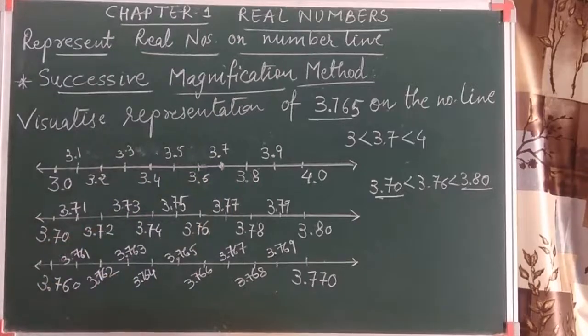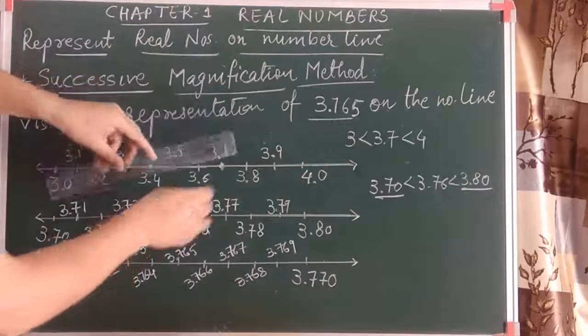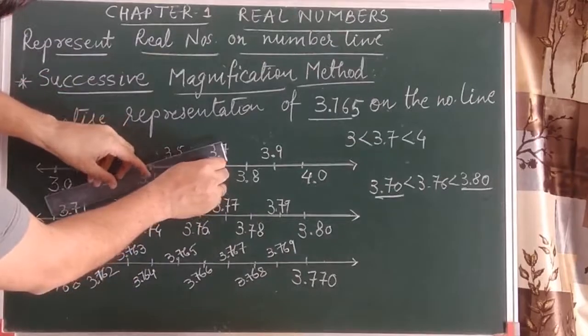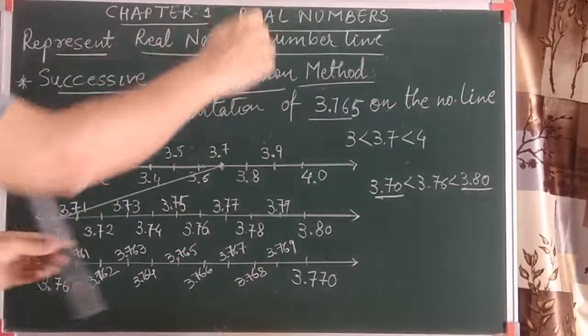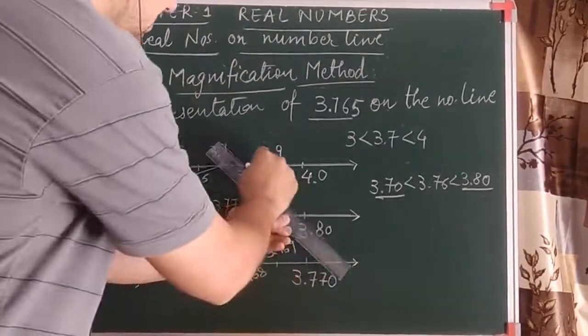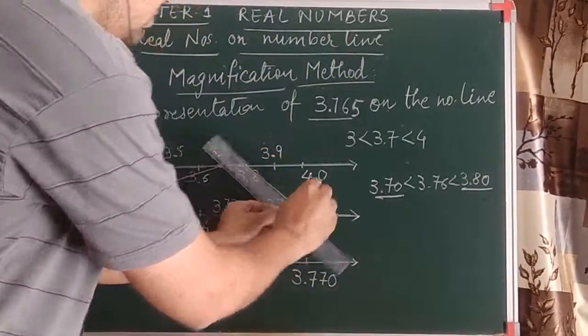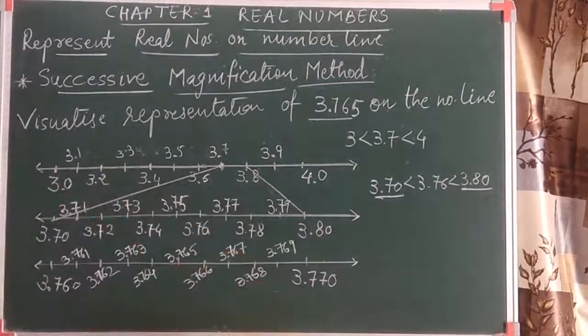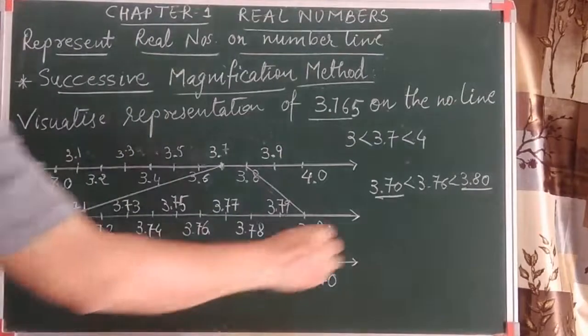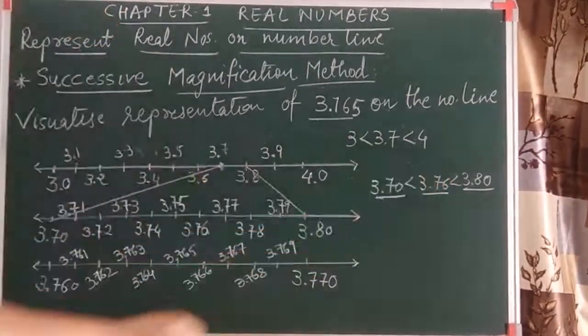So what we'll do here is obtain the next number line. Look at what I am doing. This is 3.7 and here 3.8. As I told you, the number lies between 3.70 and 3.80, and it is 3.76.